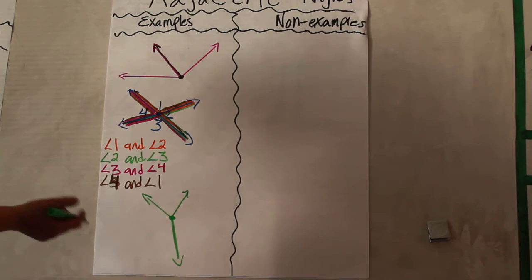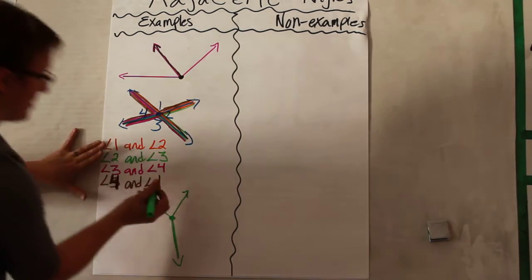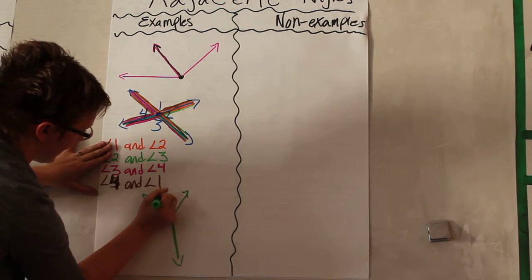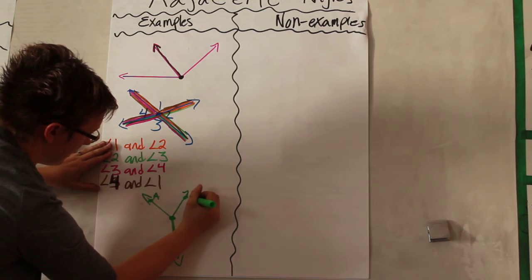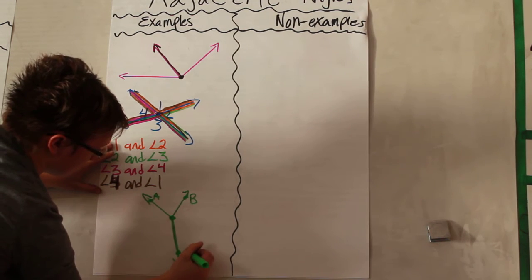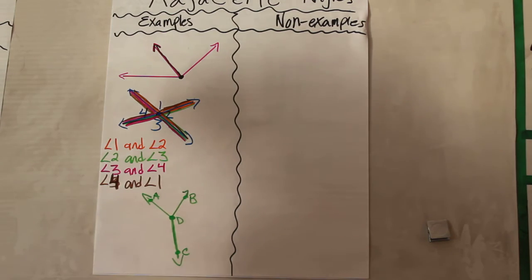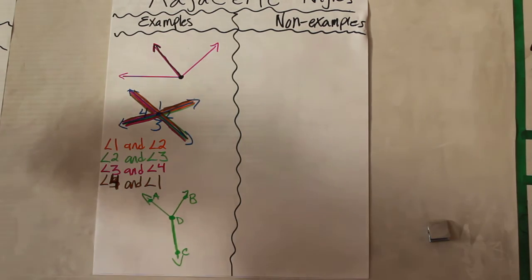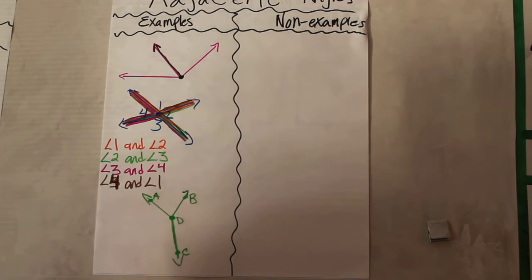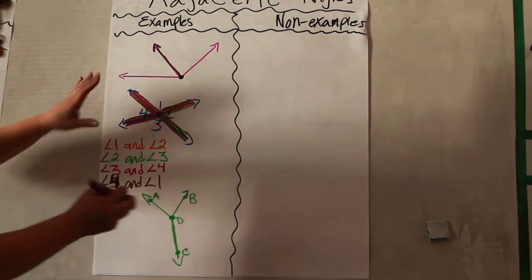And remember that we can name angles with letters. So right here I'm going to say this is point A, B, point C, and this vertex in the middle is D. So the sides that are going to be the same, there are a few of them in here as well. So the sides are going to be adjacent.